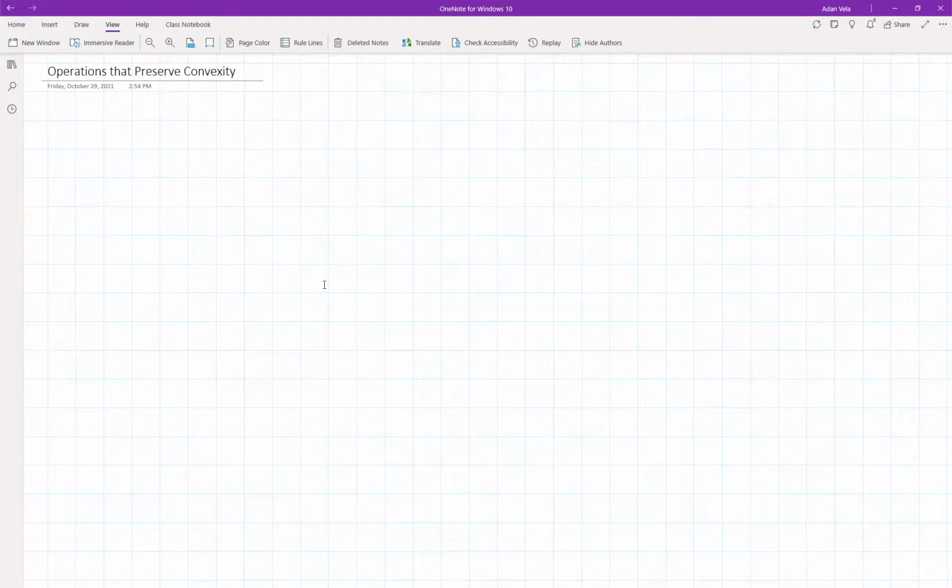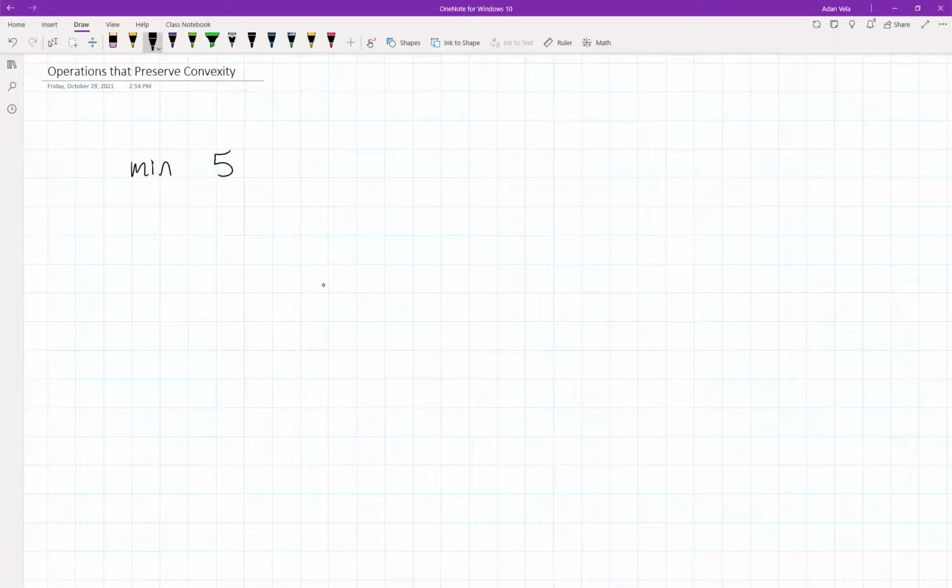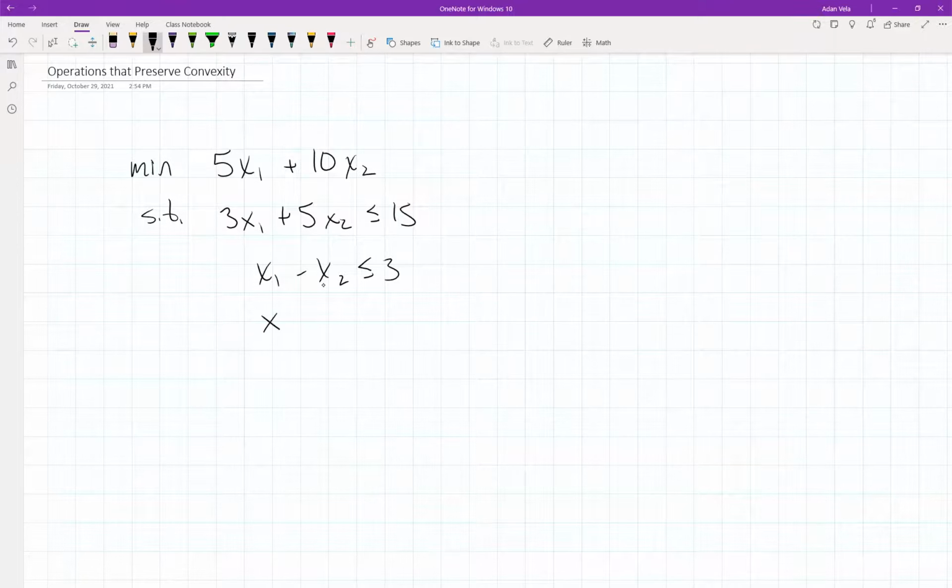So let's say we have an optimization problem with two basic sets of constraints.